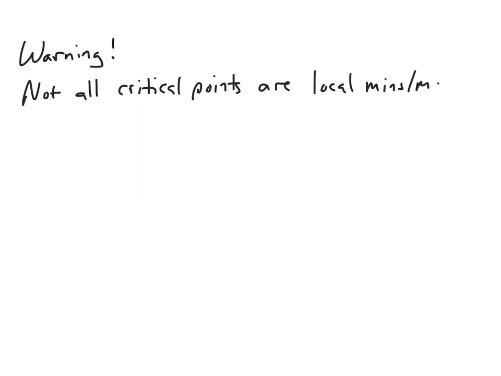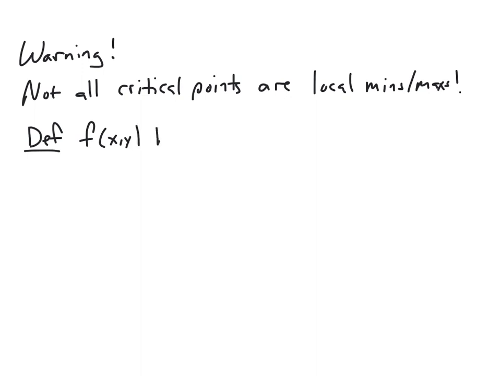There's actually other things that can happen. And one of those things that can happen is called a saddle point. So we're going to go ahead and define that. This has no analog really in single variable calculus.